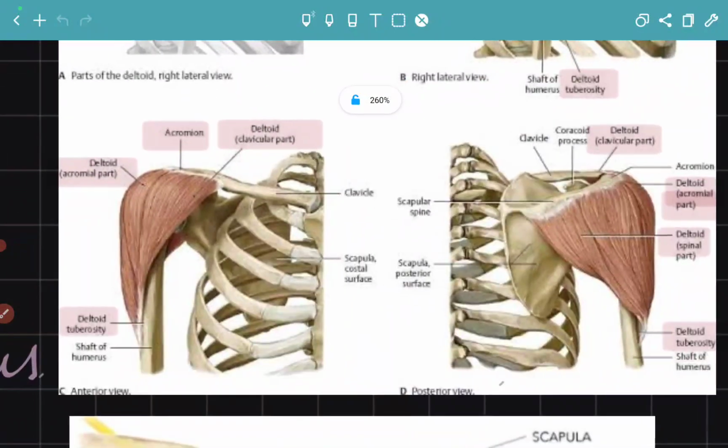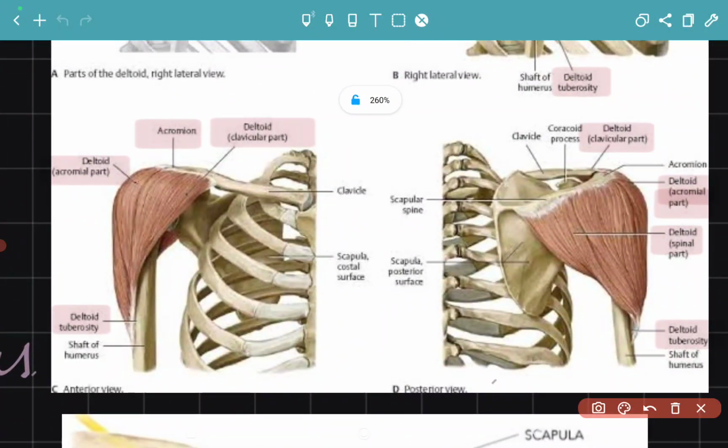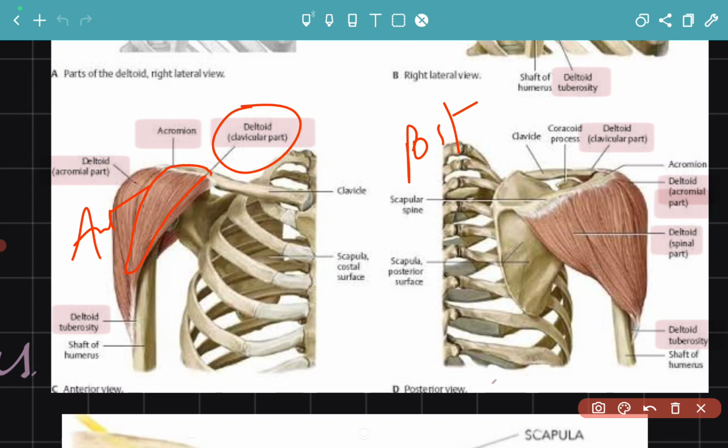Similarly, it can be appreciated in anterior as well as posterior view. So anteriorly, the clavicular head can be appreciated well this way, as well as the acromial part, and the back one will be from the spine of scapula.